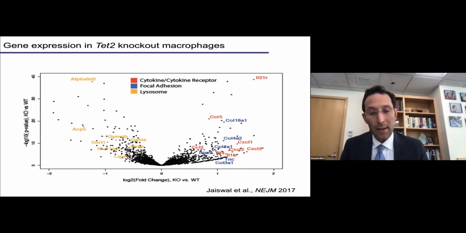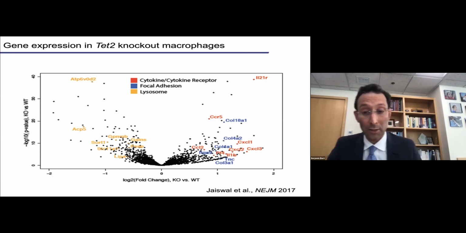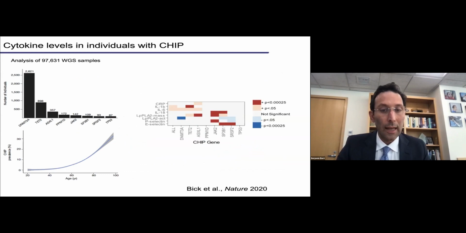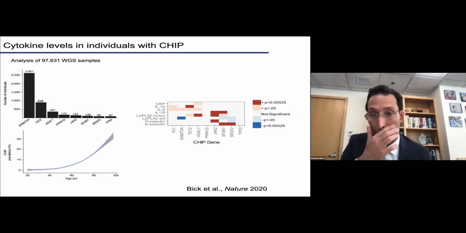And these mutations are associated with an increased expression of inflammatory cytokines. And in humans, as well as in mice, the previous slide was in a mouse model, the presence of CHIP is associated with higher expression of the same cytokines, including interleukin-1 beta, interleukin-6, and for some mutations, interleukin-18.